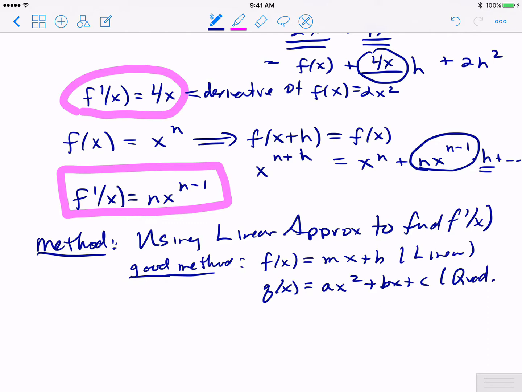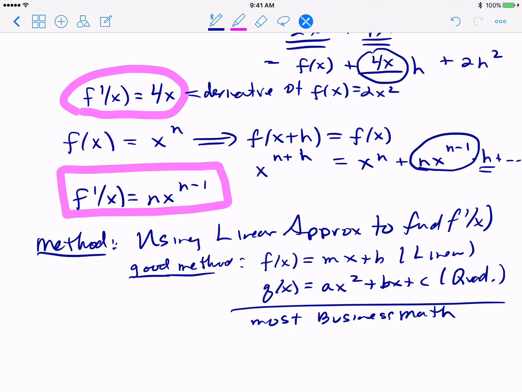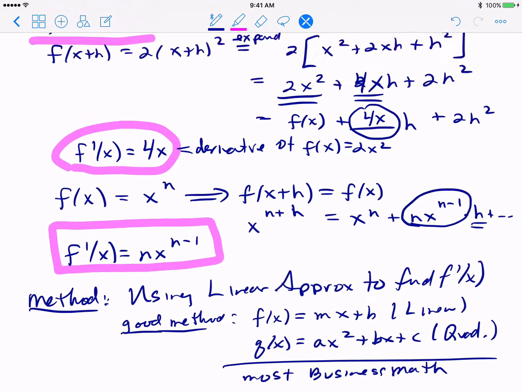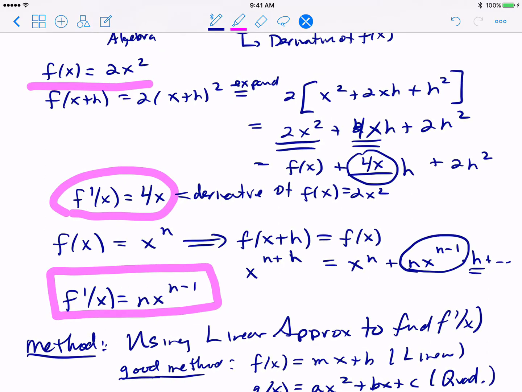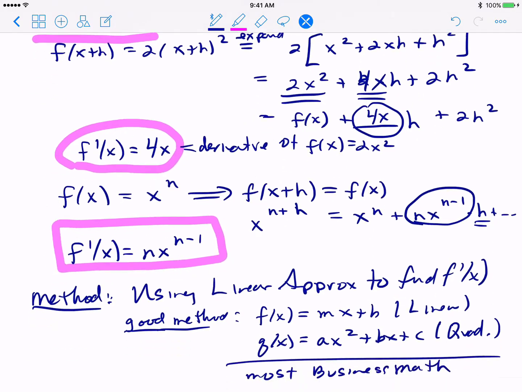And these are the majority of the functions, the most used functions in business math. So this method I'm showing is robust enough and useful enough to find the derivatives for the functions in section 7.1.